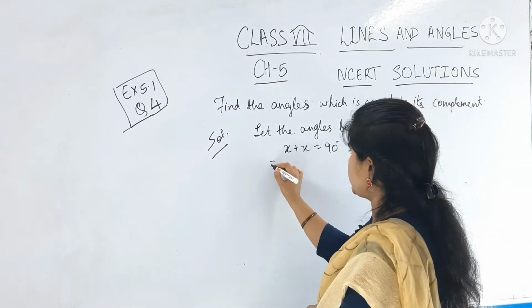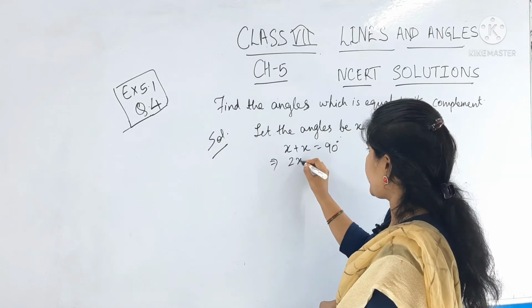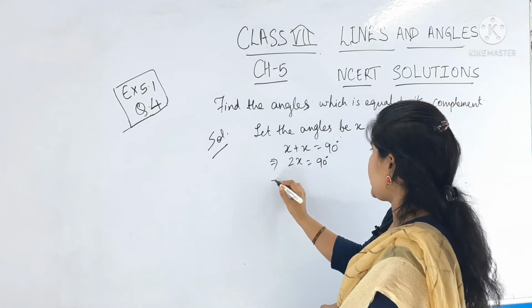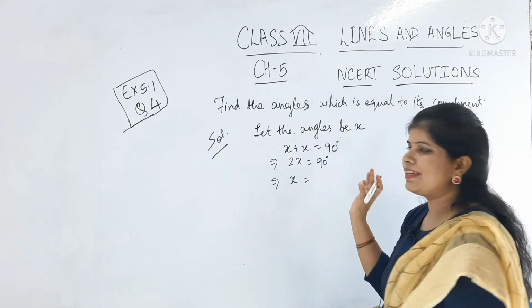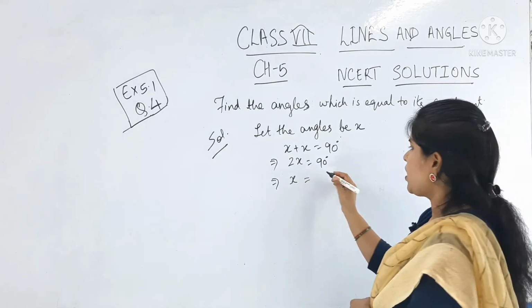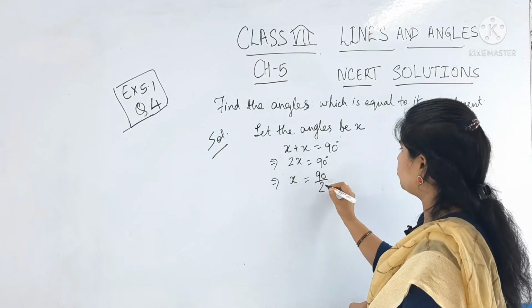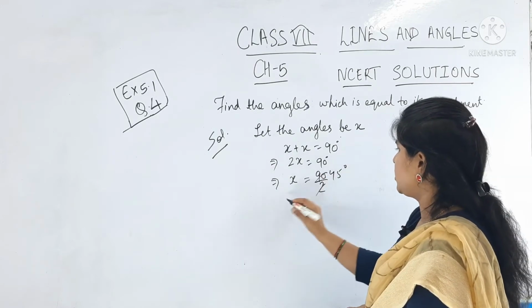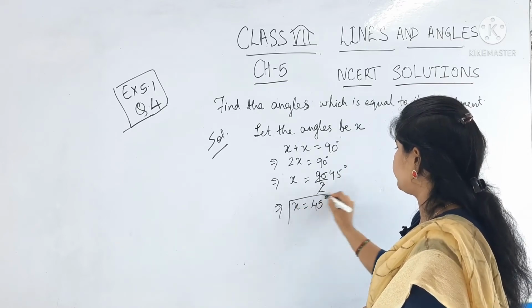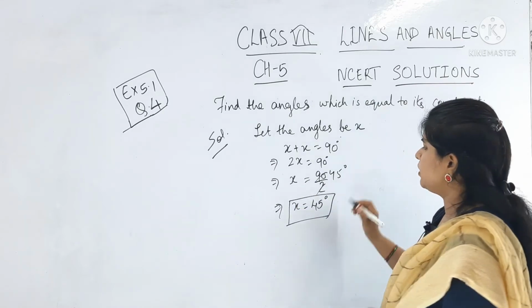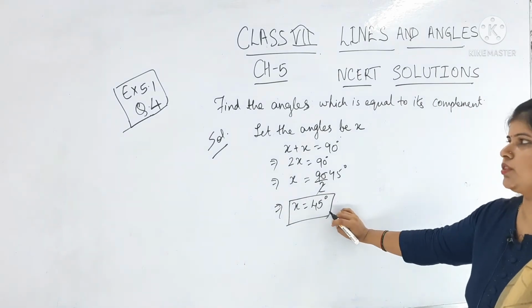Then x plus x is 2x equals 90 degrees, and applying the simple equation, x equals 90 divided by 2, that is 45 degrees. So the measure will be 45 degrees each.